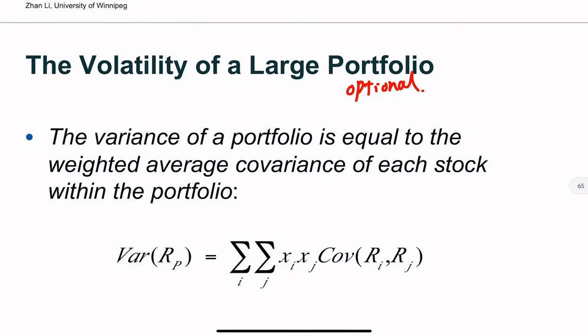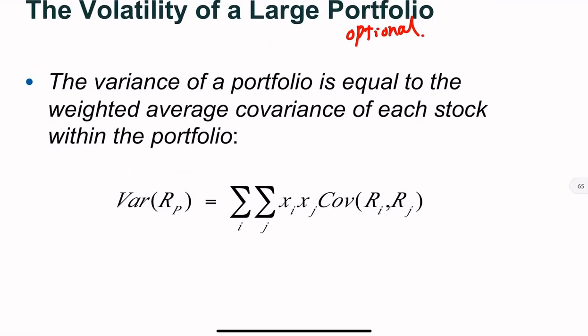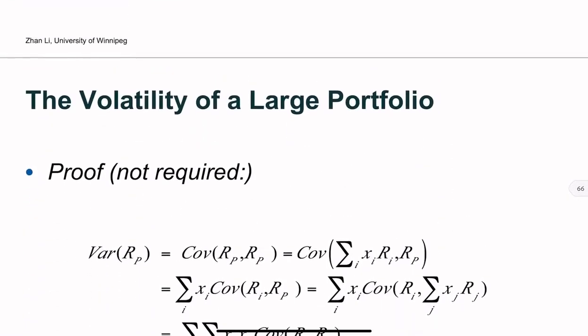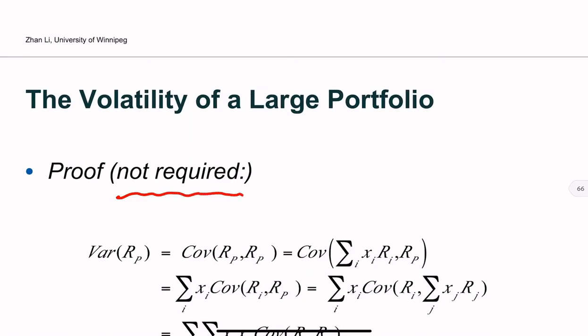Basically, if your portfolio contains more than 2, then you will calculate each pair's covariance times their portfolio weight, and then you will sum up all these values. Again, you have this proof here, which is obviously not required.